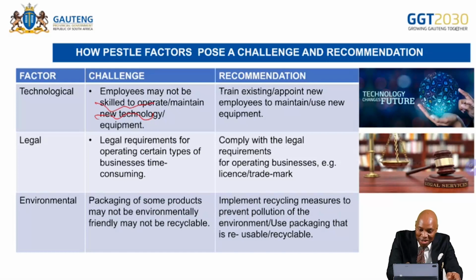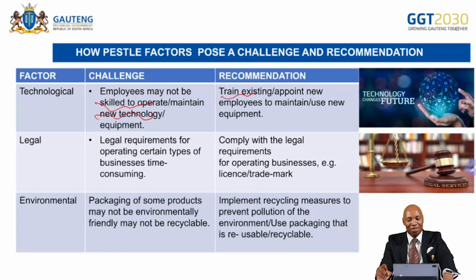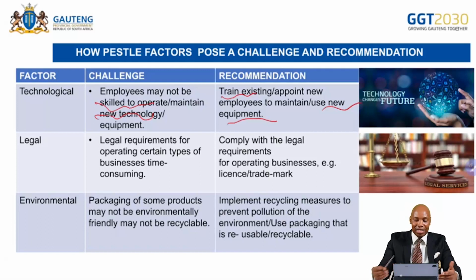I need to be trained on the use of this equipment because it has changed. So these are just the latest technology. It's important, I will keep on repeating until you understand this, that your recommendation should be based on the challenge.